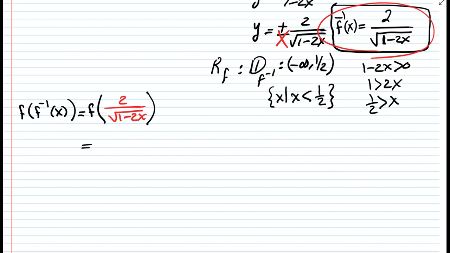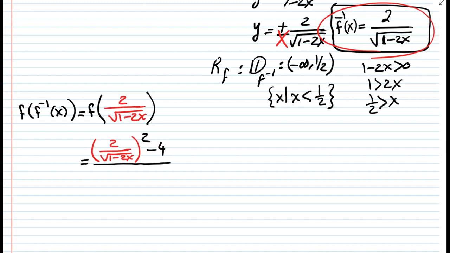And with this, we need to plug in that fraction into function f. Remember, function f was x squared minus 4 over 2x squared. So that's what I'm going to go replace it. The numerator was x squared minus 4. Here's the x squared minus 4.